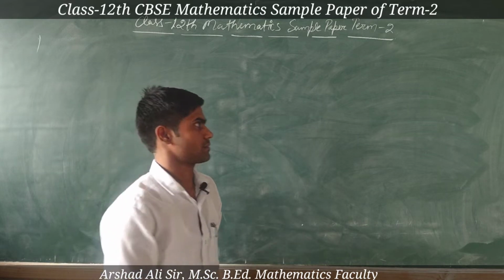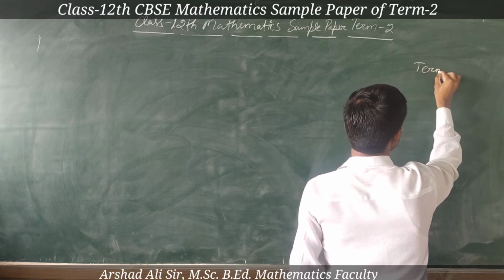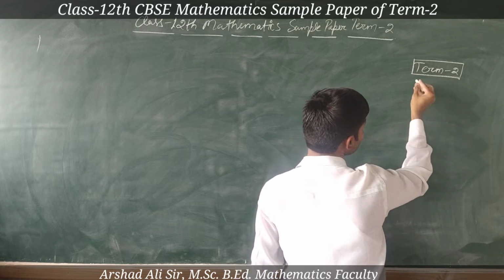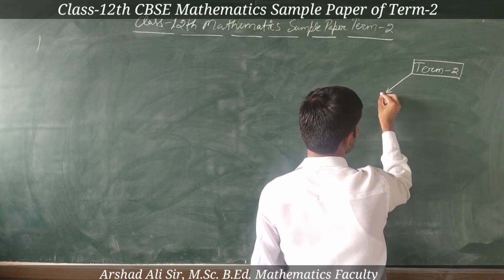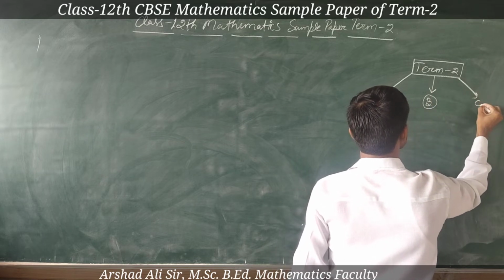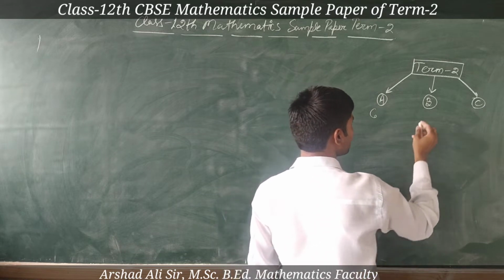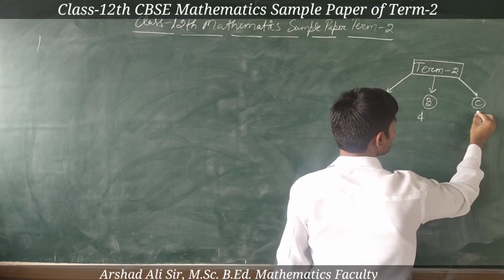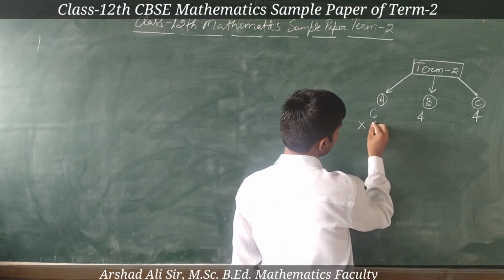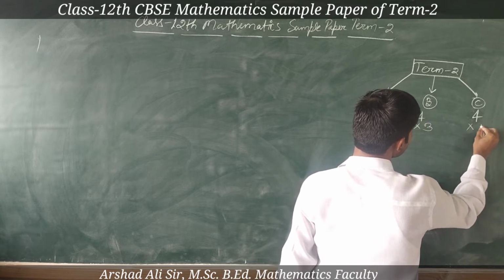So let's discuss. Dear students, in your term 2 examination of maths, there will be only 3 sections, A, B and C. In section A there will be only 6 questions, in section B 4 questions, and in section C there are also 4 questions. 6 questions will be of 2 marks, 4 questions will be 3 marks, and 4 questions will be 4 marks.